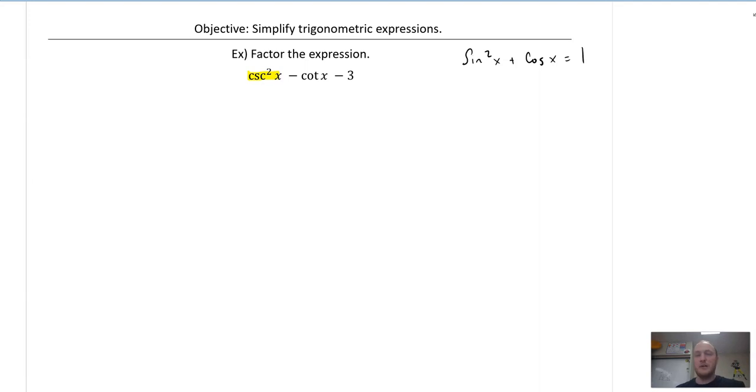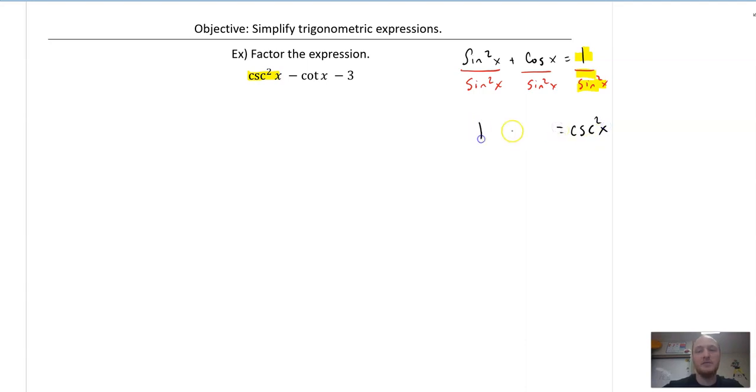Well, you don't see it, but can't I get cosecant squared x by dividing all of this by sine squared? Then you'll notice that 1 over sine squared is, lo and behold, your cosecant squared x.